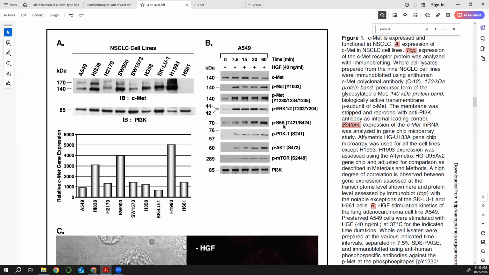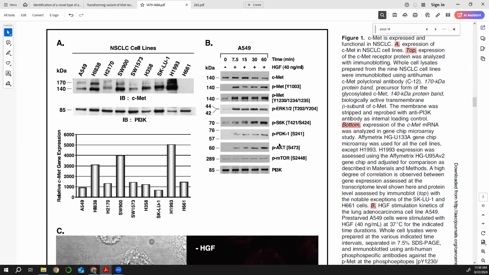S6K is downstream of the mTOR signaling pathway, or the PI3K kinase signaling pathway. Its phosphorylation is much slower to reach a peak level. Okay. And similar seems to be the case with PDK1, AKT, and of course mTOR.